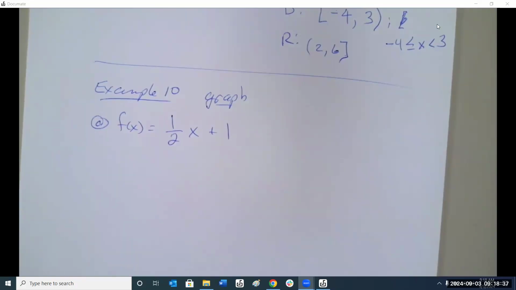Hold off on these, because until we talk about the structures of functions, you really can't tell these things until you just look at them.